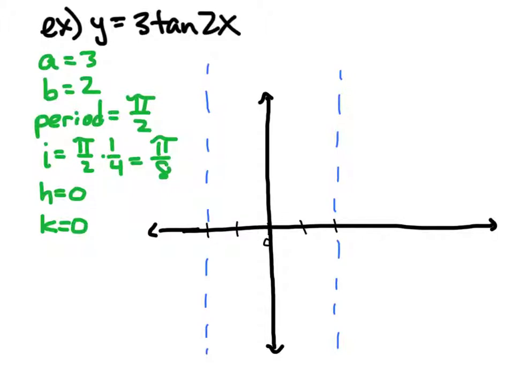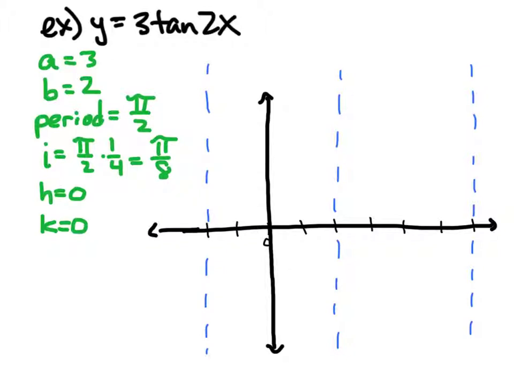If I want to graph this over 2 periods, I just put another 4 notches. 1, 2, 3, 4. And at that fourth, I'll have another vertical asymptote. Now, the period is pi over 2, so the distance from this asymptote to this asymptote is pi over 2.